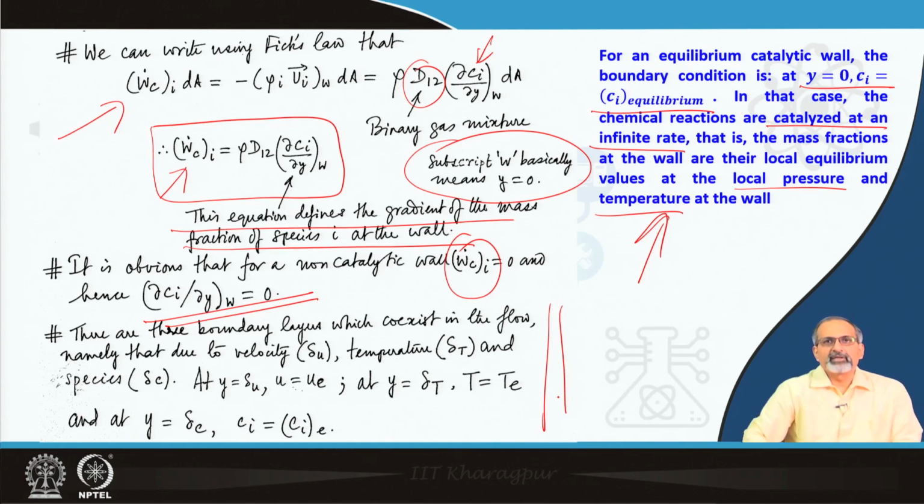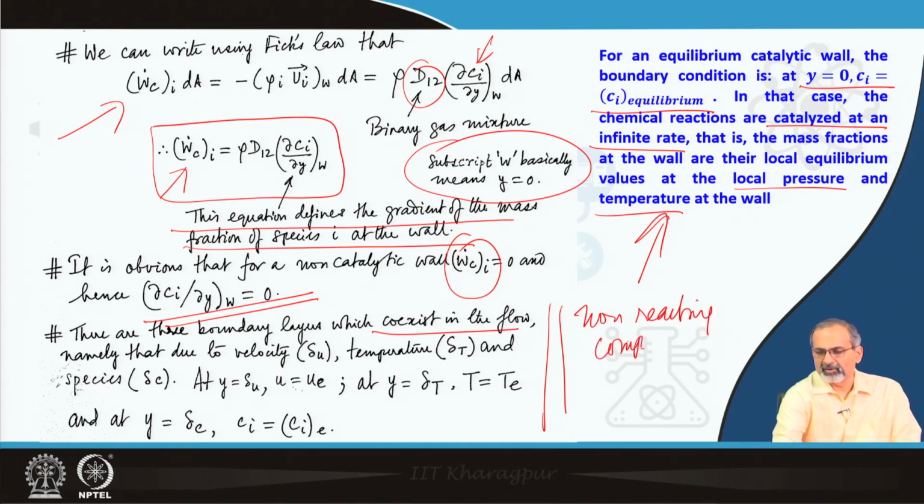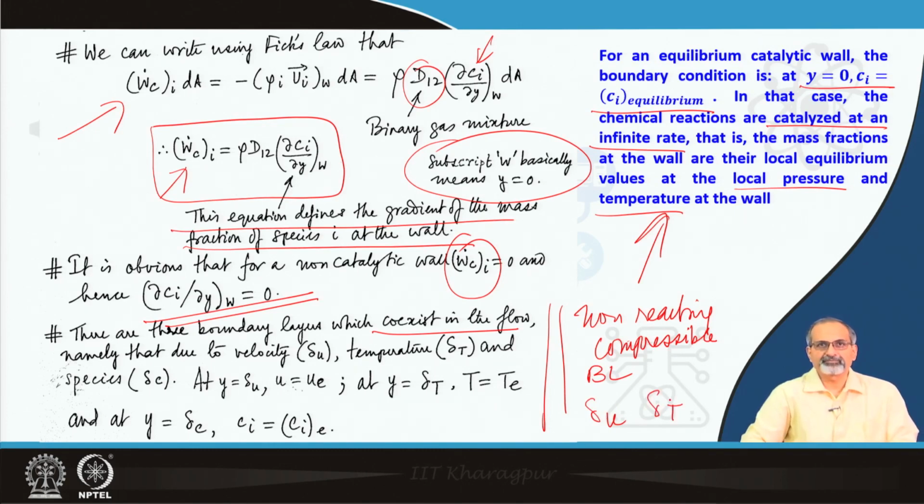There are 3 boundary layers which we are talking about in this kind of a flow, which coexist. In the case of non-reacting compressible boundary layer, we talked about 2 possible boundary layer thicknesses, one being the velocity or hydrodynamic, the other the temperature.